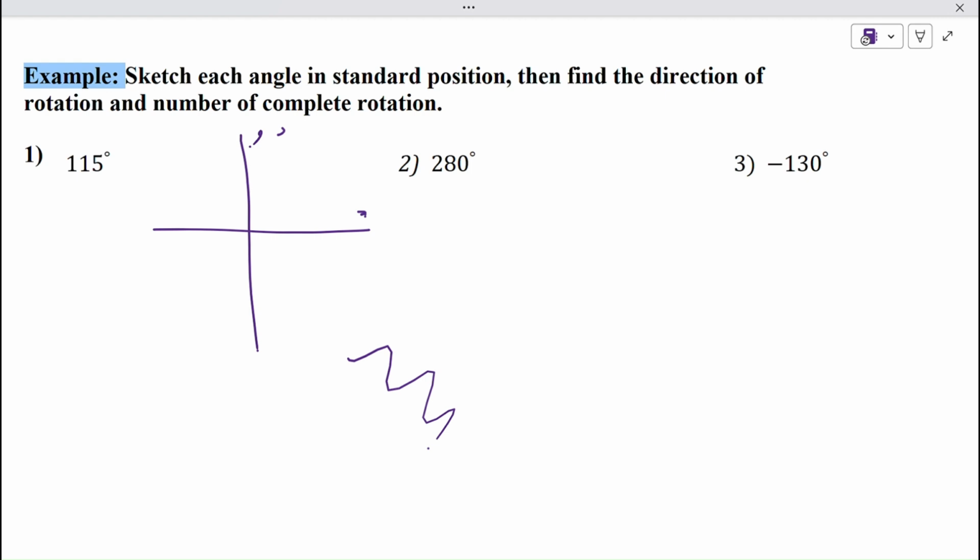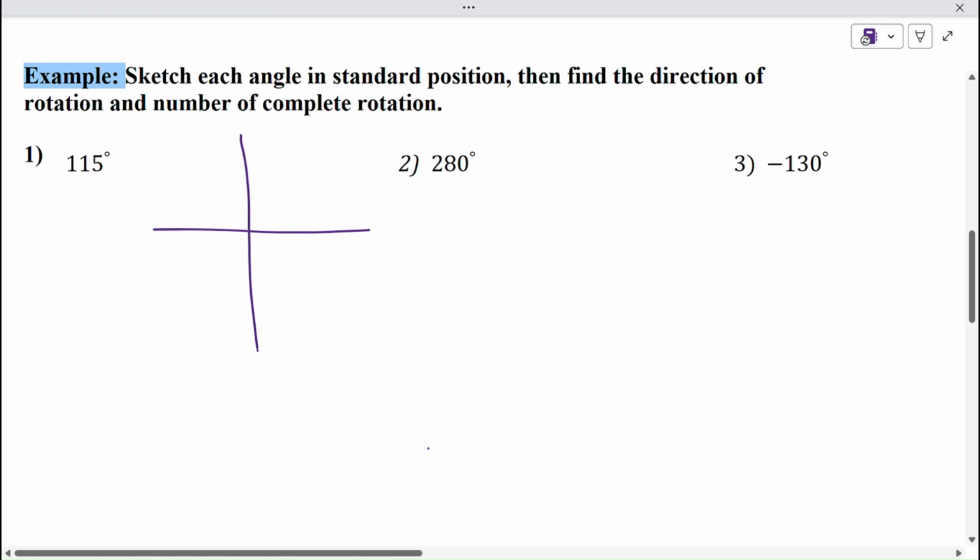This is 0, this is 90, this is 180, this is 270, and this is 360.